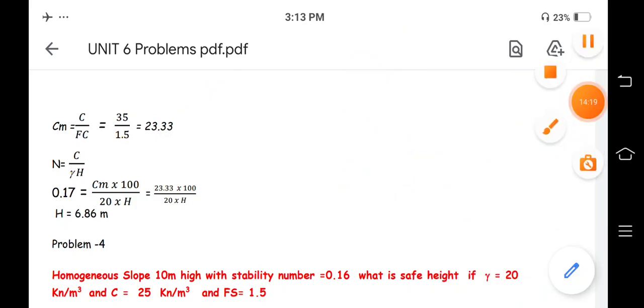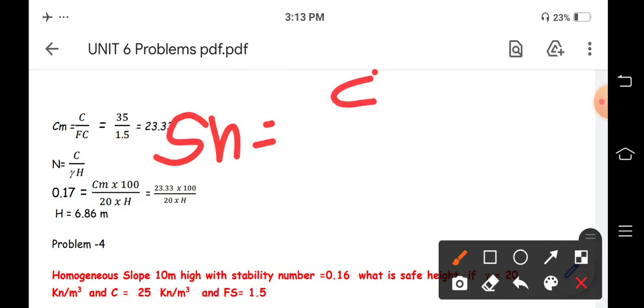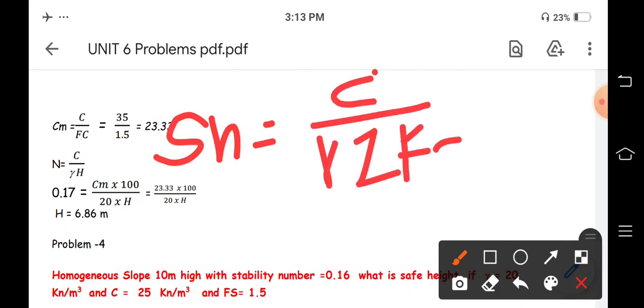So once again I am writing it in clear words. Sn equal to C upon gamma Z Fs.